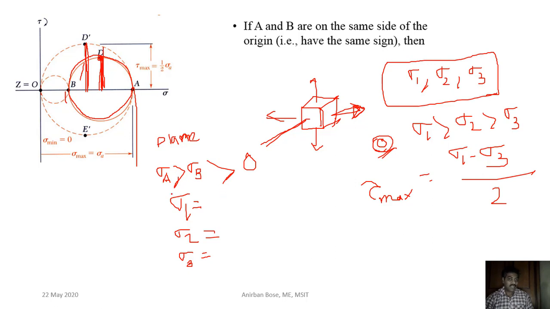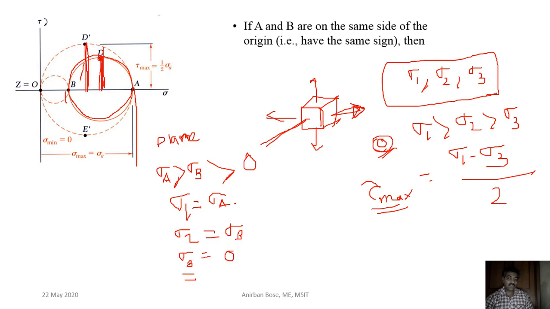So in that case, what is sigma 1? Sigma 1 is the largest one among the three principal stresses, right? So sigma 1 is sigma A. Sigma 2 is sigma B. And sigma 3 is 0. So what will be the maximum shear?